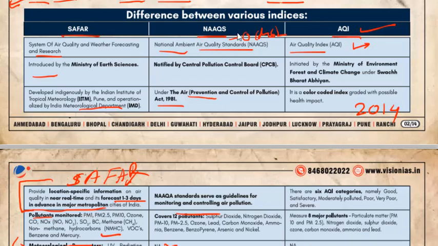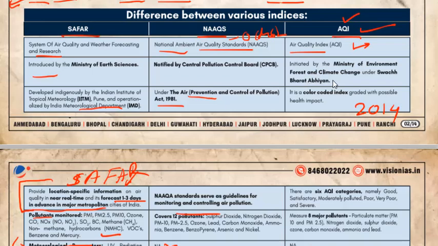Actually, these are complicated data which cannot be easily understood by people. So, in common terms, AQI is introduced, which is easy to understand.